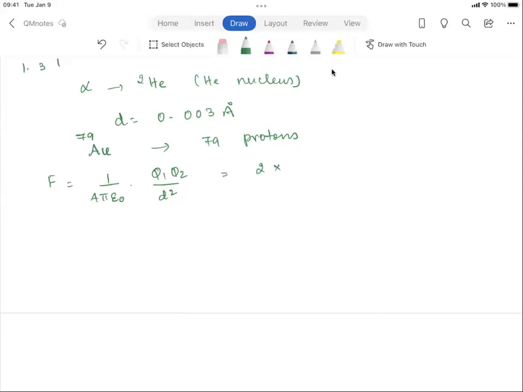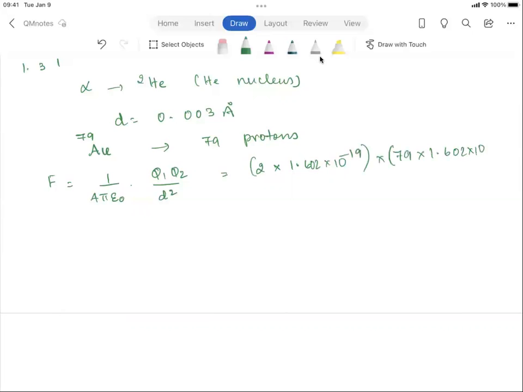What exactly is the magnitude of charge? It's 1.6 times 10 to the power negative 19. We can have 1.602 for more accuracy. Now this is the charge of the alpha particle, right? And the charge of the gold nucleus would be 79 units of charge, times the magnitude of charge.